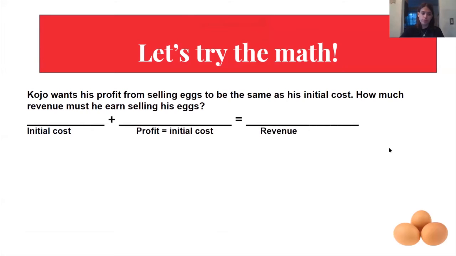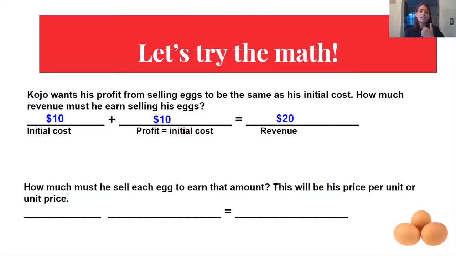And we're going to get his revenue. So that's $10, which is initial cost. Remember, we did that in the last slide. If you need to go back, you can look. So $10 plus another $10, because we just said the profit's going to be the same as initial cost, and we just said initial cost is $10. He needs to make $20. So he needs to make $20 selling his eggs in order to get a $10 profit.